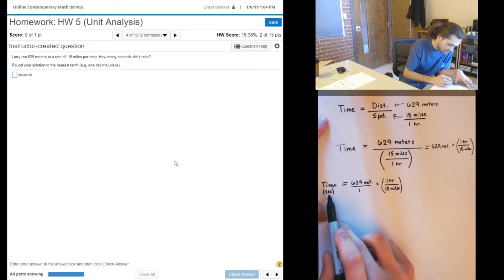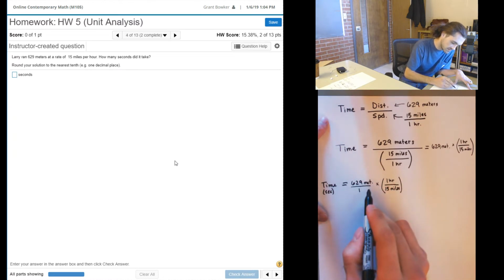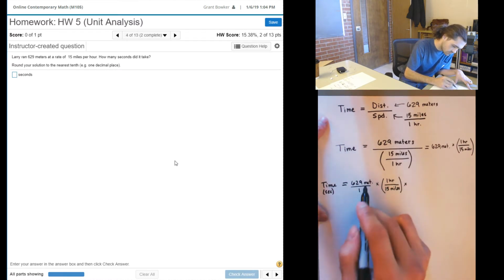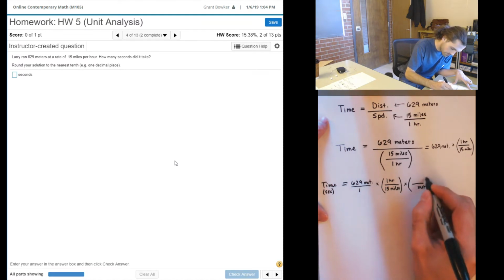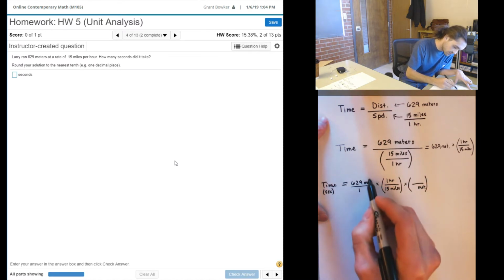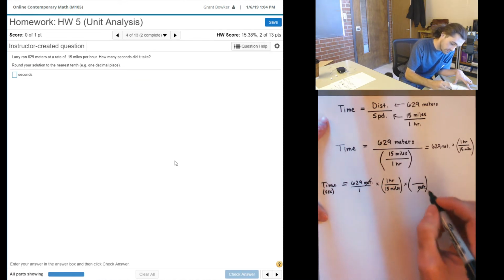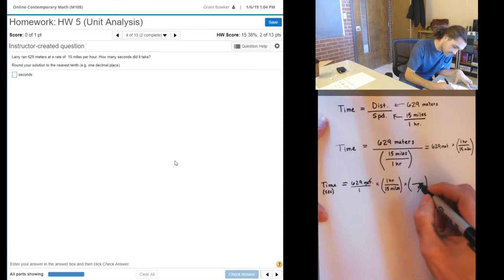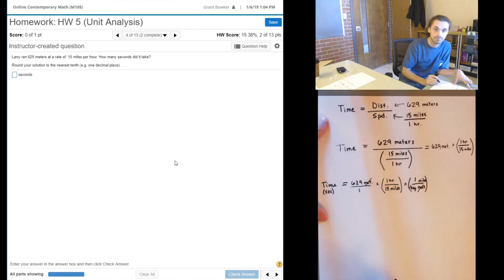Well, I want time out in seconds, so all 3 of these units are going to have to go away. Let's start with meters. Meters is upstairs, so I need to introduce meters downstairs. Meters upstairs will undo meters downstairs. I do know the relationship between meters and miles: for every 1 mile, I have 1609 meters.